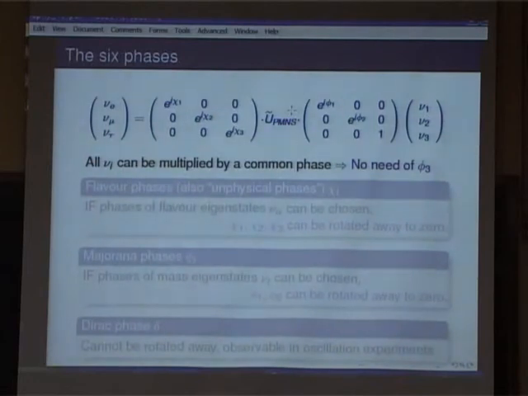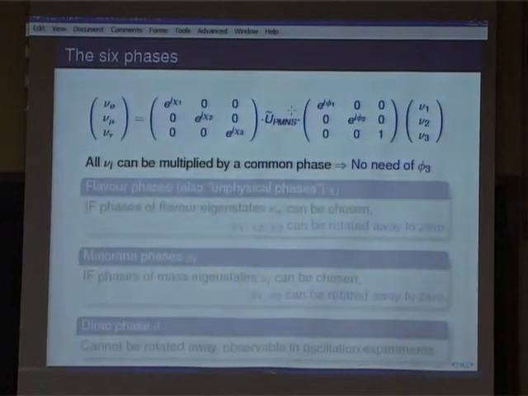It just says that my definition of u1, instead of being u1, is u1 times e to the power i phi. Such a transformation, where I multiply u1, u2, u3 by a common constant phase, is very trivial.